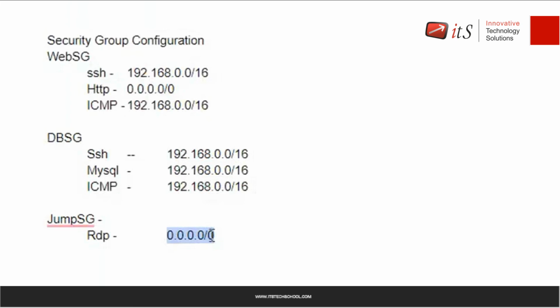Like if I have a static public IP address, let's say 20.50.6.30, I will just allow that particular network. But for now, I don't have it, so I'm allowing 0.0.0.0/0 all over the network. That is not a secure thing. If you want to make it more secure, go with static public IP addresses, right?